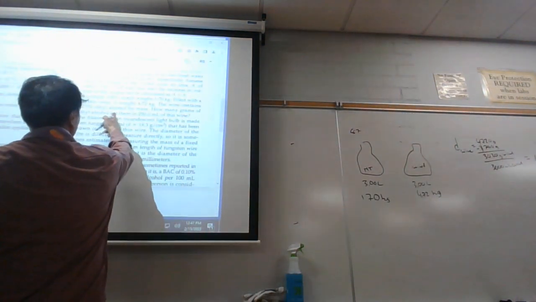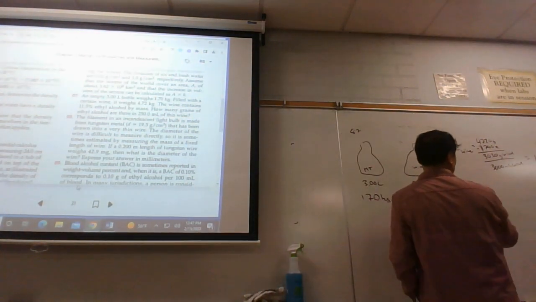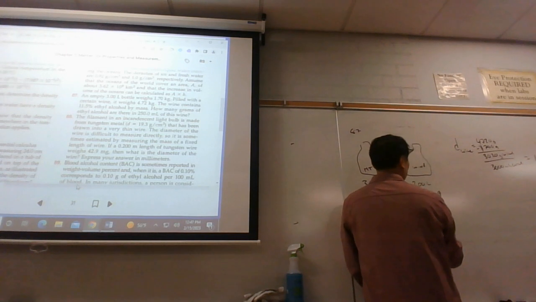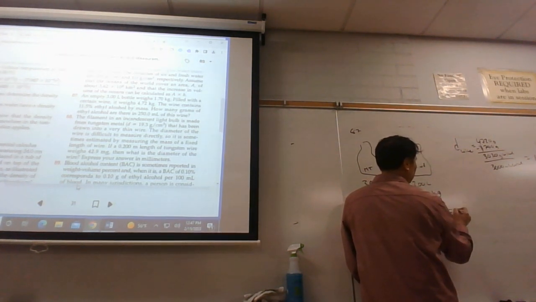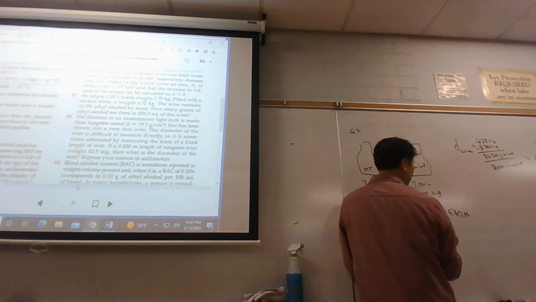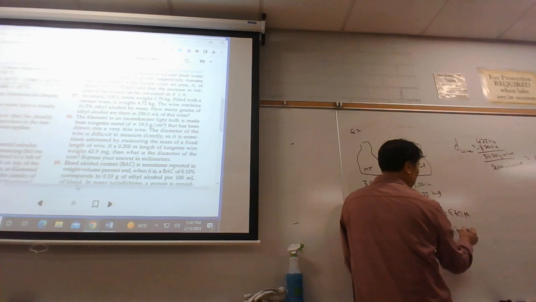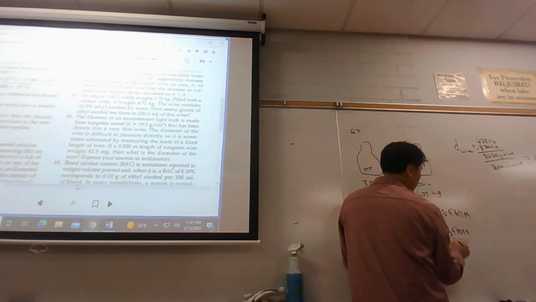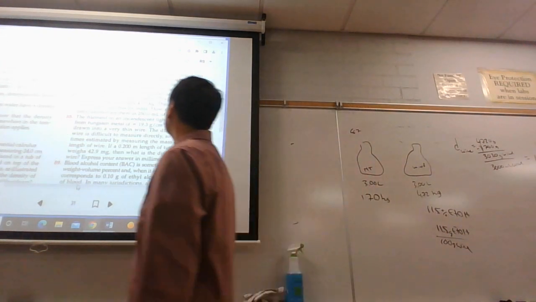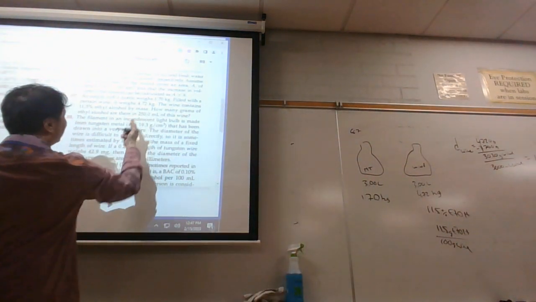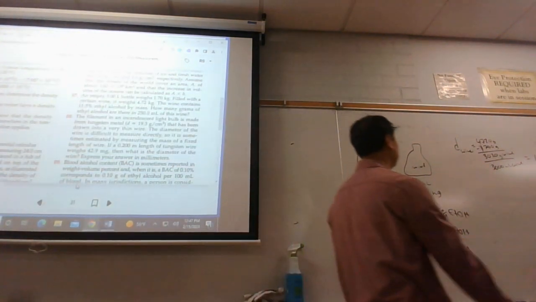The wine contains 11.5% ethanol, EtOH, by mass. So that means 11.5 grams of pure ethanol for every 100 grams of wine. How many grams of ethyl alcohol are there in 250 milliliters of wine?